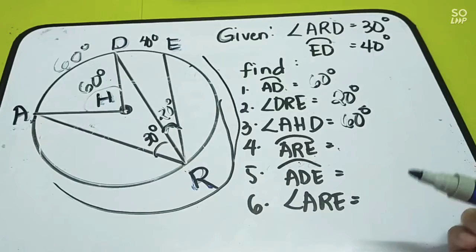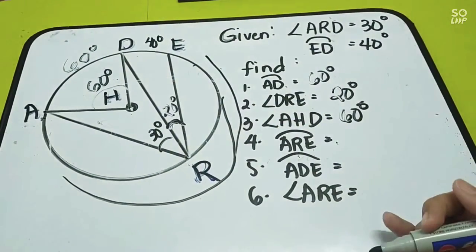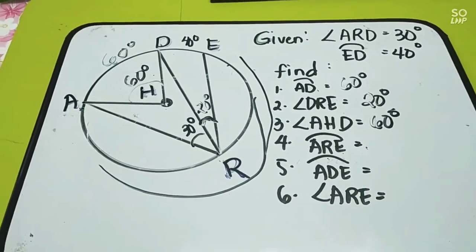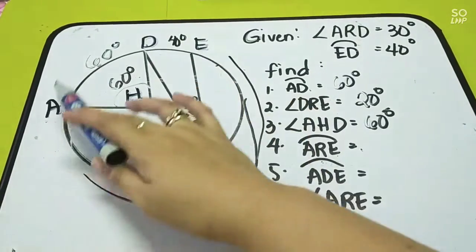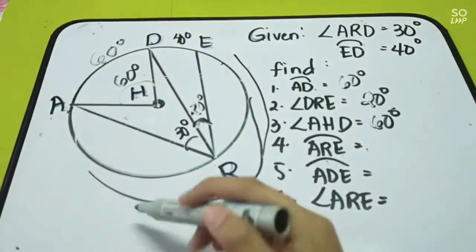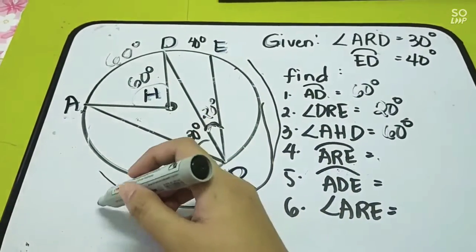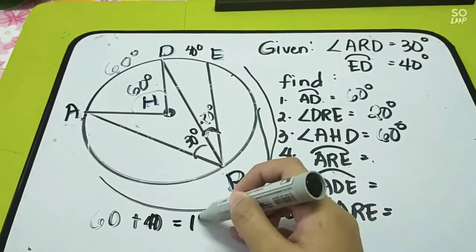Also, since arc ARE is on a circle again, we have 360 degrees. Remember that, one circle is 360 degrees. Since we are given, on the other side of ARE, 60 and 40, we're going to add these. So, 60 plus 40, the answer is 100.